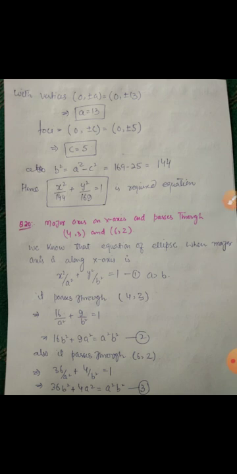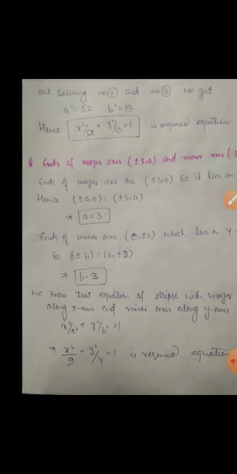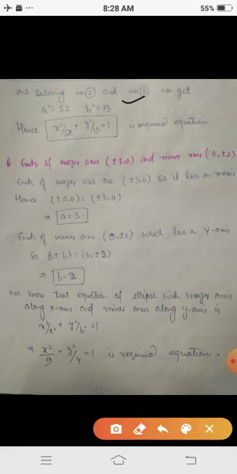Now solving this, we can solve by adding, subtracting and multiplying, or by dividing, or simply by the substitution method. We get a square equals 52 and b square equals 13. So let's substitute this a square and b square in the first. We get x square upon 52 plus y square upon 13 equals 1, which is the required equation of the given ellipse.